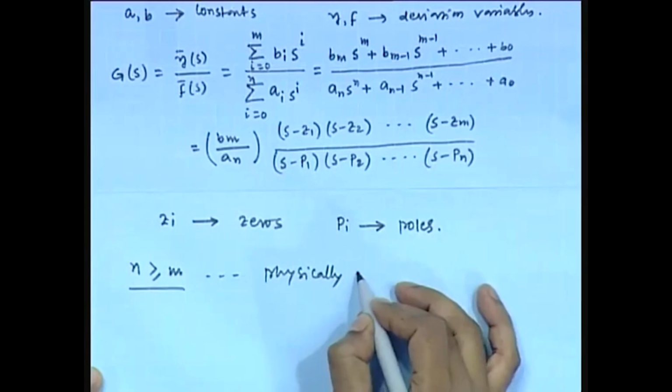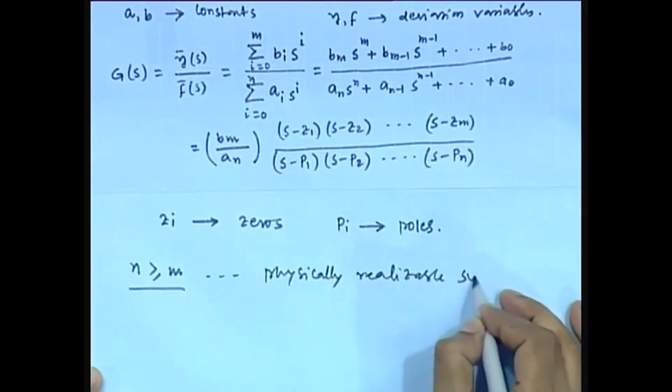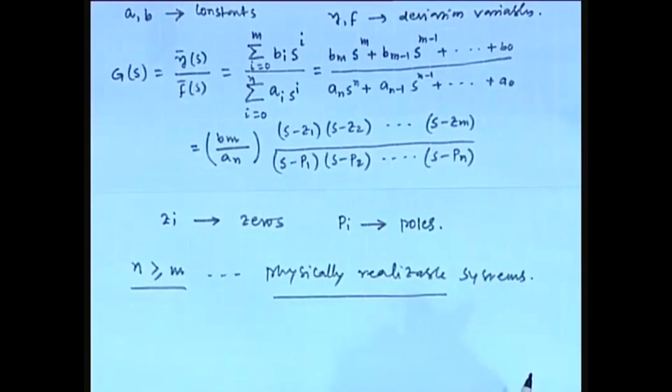Physically realizable systems, this term is used in process control. Physically realizable systems, I mean all physically meaningful systems, n should be greater than or equal to m.